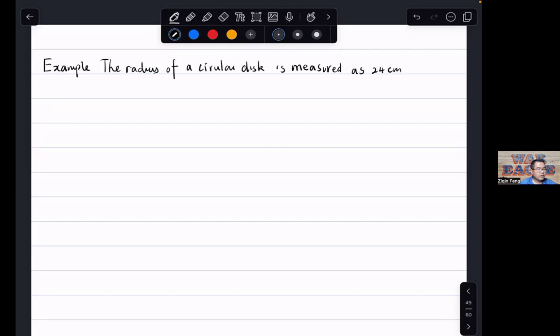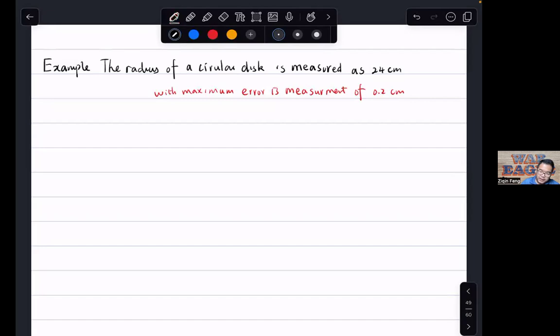So we have a possible error, with maximum error in measurement of 0.2 centimeter. So no matter how accurate is your tape or ruler, there is always a possible error.